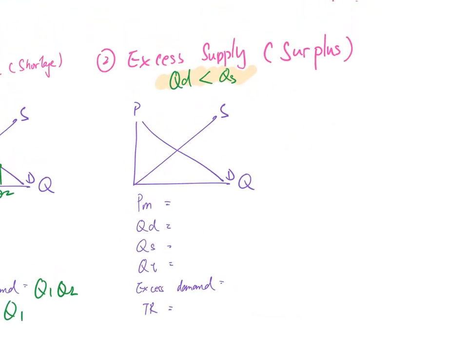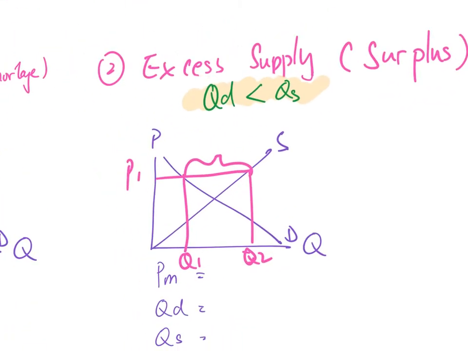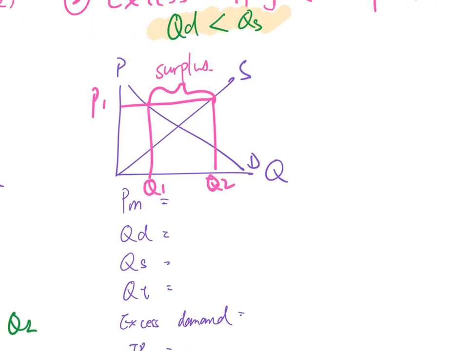Okay, last one. We go to excess supply. Similarly, too many products can be sold by the supplier. So that means the price is set so too high, above the equilibrium. And then we have our Q1 and Q2 here. We find the surplus here. Okay, so let's check what is the price.